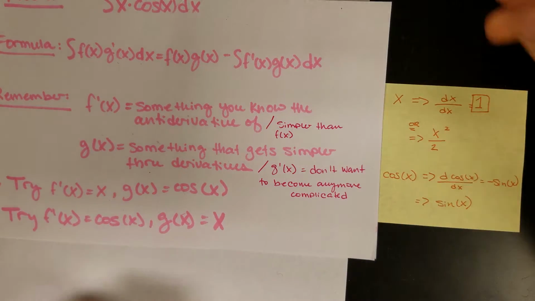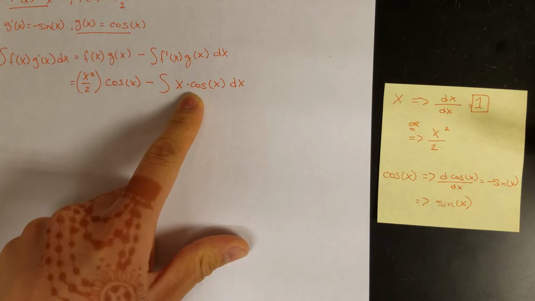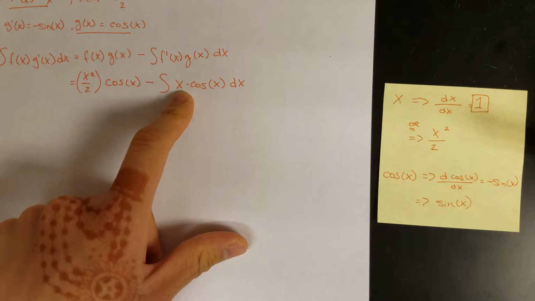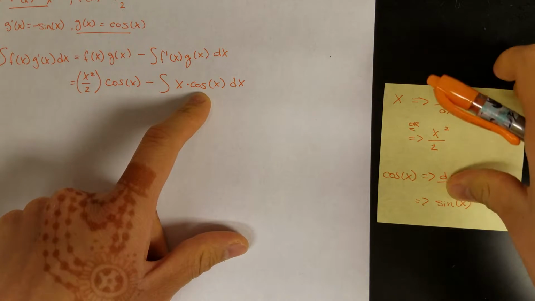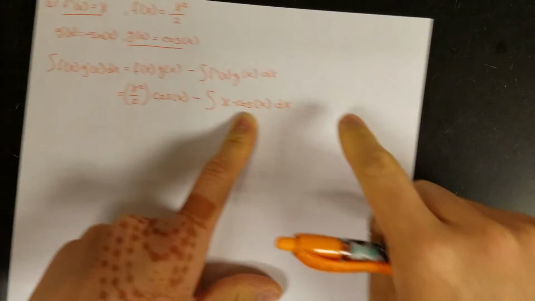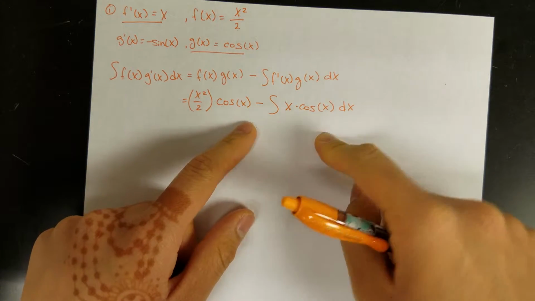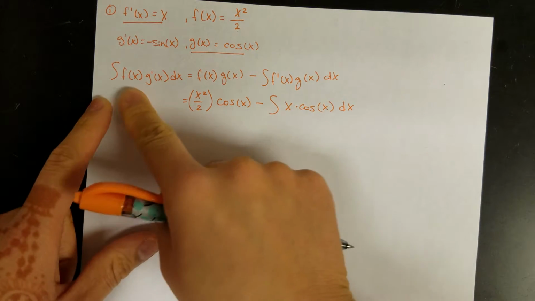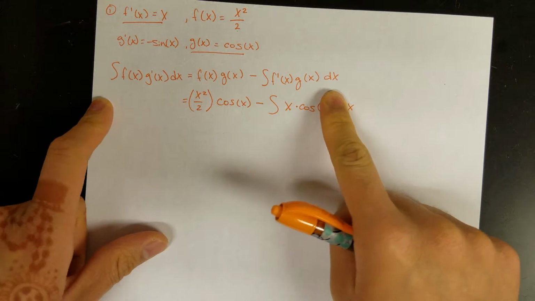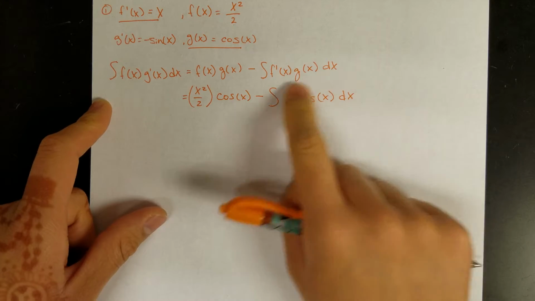But anyway, for this integral, we're going to assign x to f of x and cosine to g prime of x. And remember, in order to solve this, we have to redo the integration by parts, following this whole thing in terms of our new f of x and g of x.